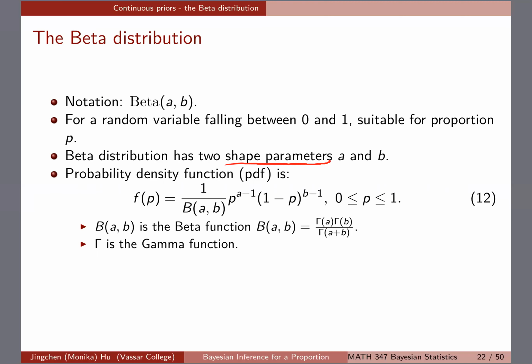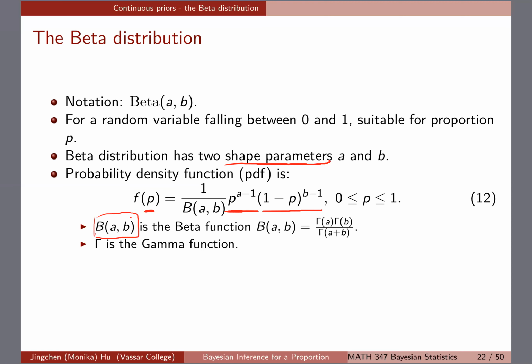And the density function, I'm just going to cover this really quick: if P follows a beta distribution, then the PDF, remember it's a continuous distribution, so we talk about the PDF here. The PDF is 1 over the beta function B(A, B), don't worry about it now, times P raised to the power of A minus 1 times 1 minus P raised to the power of B minus 1. This B(A, B) here is a beta function.